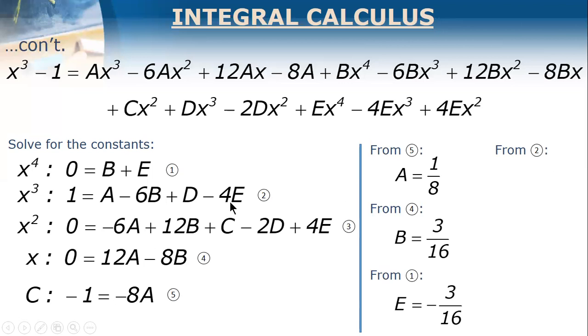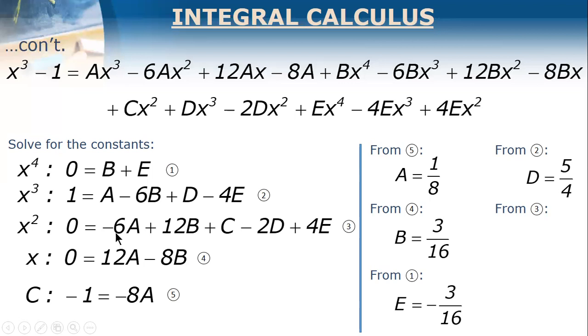And then from 2, we already have A, 1 over 8. We already have B, 3 over 16. And we already have E, negative 3 over 16. We can solve for D. Five over 4. No?